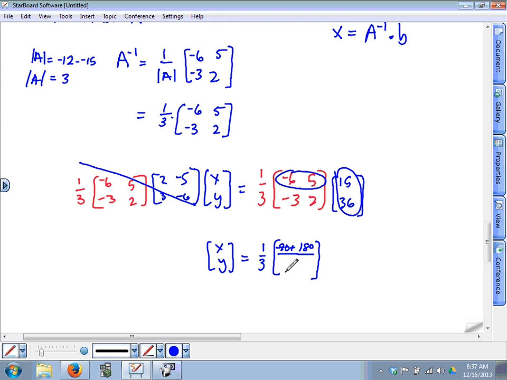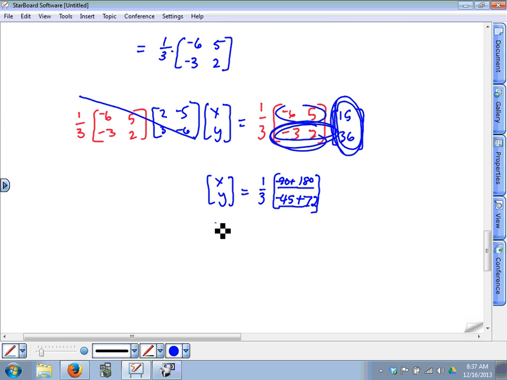So what's this bottom entry here going to be? This is going to be row 2. So it's this row here combined with that column. So it's negative 45 plus 72. So xy is equal to 1/3 times 90, and then what's negative 45 plus 72? 27.